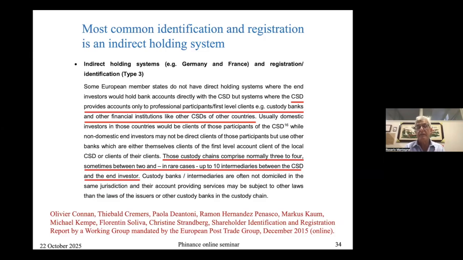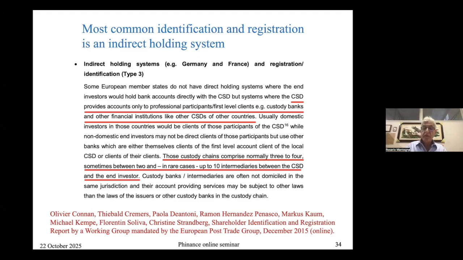The most typical organization in the Western world is that, even if you have the central security depository, the information concerning the ownership does not go down to the specific legal entity. Typically you have a custody chain that comprises normally from 3 to 4, but sometimes from 2 to even 10 intermediaries between the central security depository and the end investor.